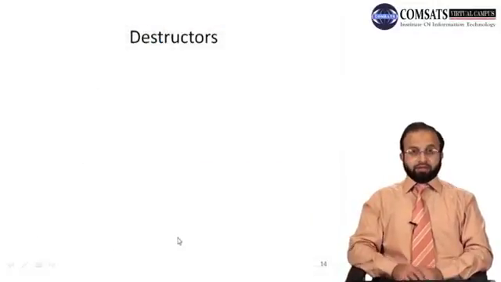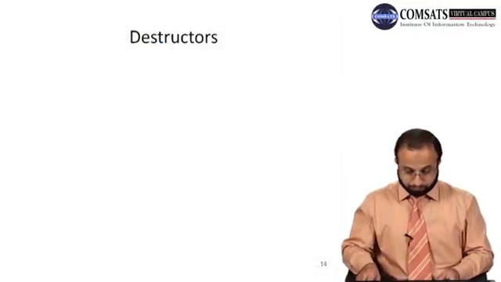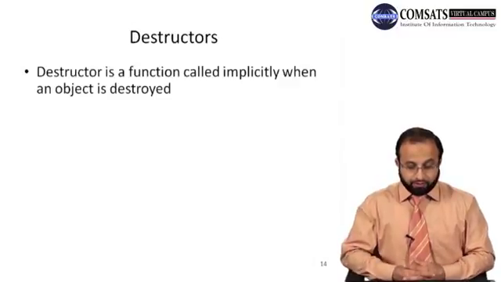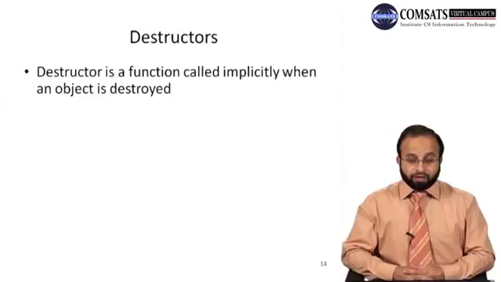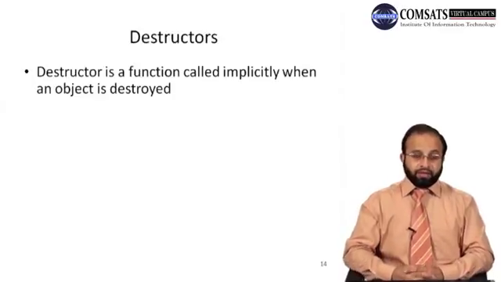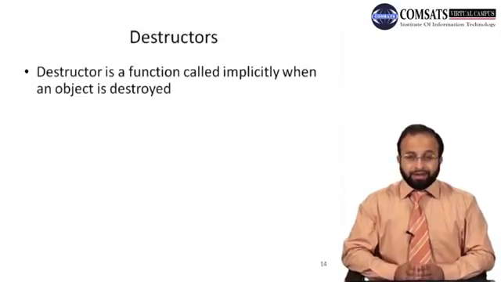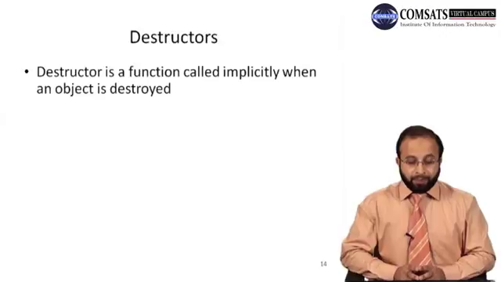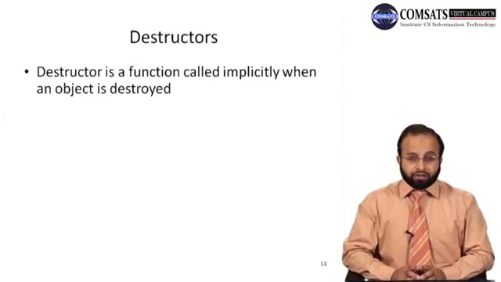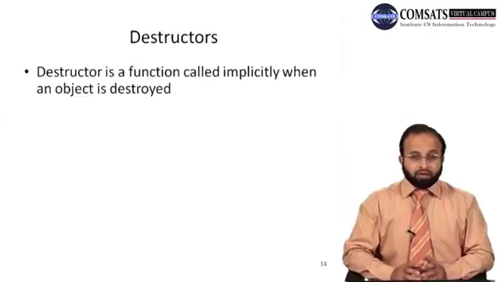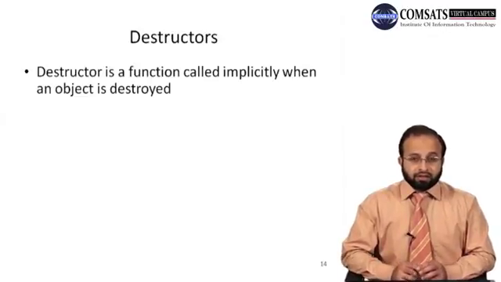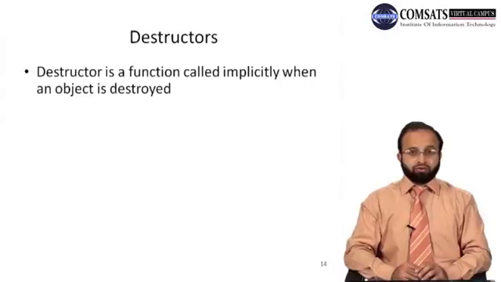Now let's see what is a destructor. Destructor is a function that is called implicitly when an object is destroyed. Same as we have a constructor that is executed whenever the object is created, the destructor is something that is called automatically whenever an object is destroyed.